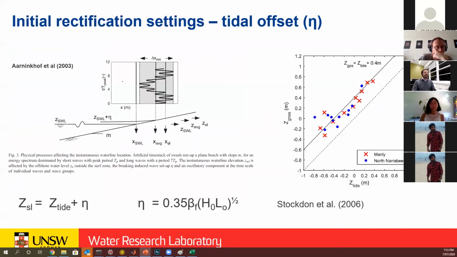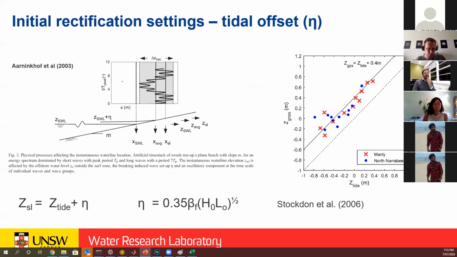And then finally, the tidal offset. Now, if you know anything about shoreline mapping, the shoreline elevation we assume to be constant along the beach. So we don't take into account that it varies along shore, even though it most likely does, but that's an uncertainty we accept.